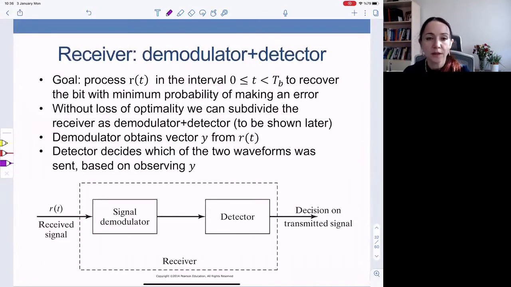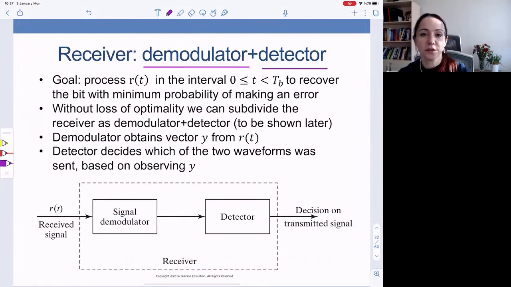Okay. Now, what is the goal of the receiver? The goal of the receiver is not only to demodulate, as we were doing in analog modulation, but to detect after demodulation whether a 0 or 1 was sent. In general, in M-ary communication, we detect which bit sequence was sent.